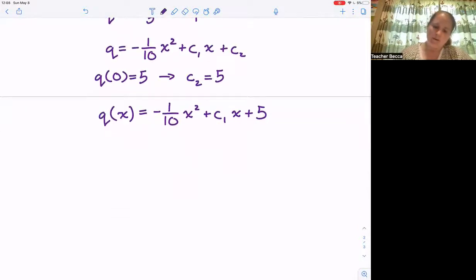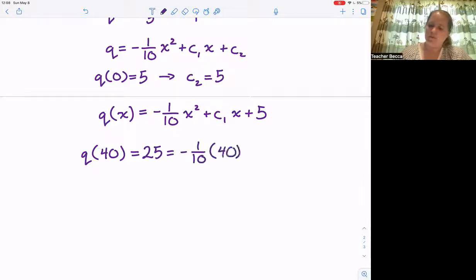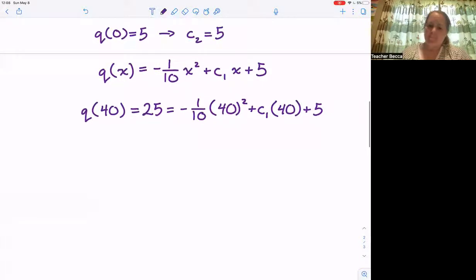We also know that Q of 40 is equal to 25, so 25 should be equal to negative 1/10 times 40 squared plus C1 times 40 plus 5. So we have 25 is equal to negative 160 plus 40 times C1 plus 5.